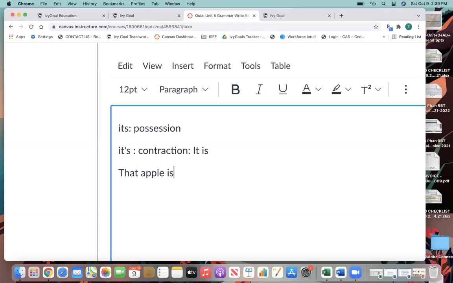That apple is mine. That apple is hers. So how can you say that apple belongs to it? Maybe you're talking about a lizard or a monkey or a horse.